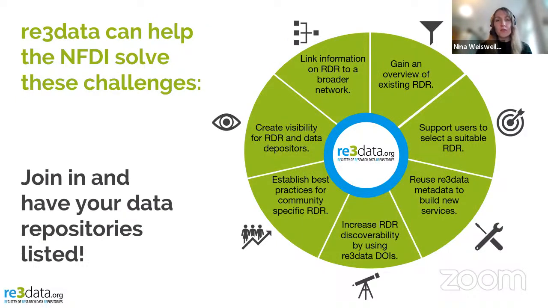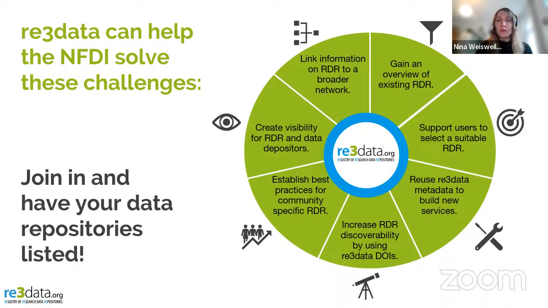With its filter functions, you can narrow down the list of infrastructures to the specific needs that you have. This way the users can find and select a suitable infrastructure for them. Also, re3data metadata is very reusable. It's already in use by other services.